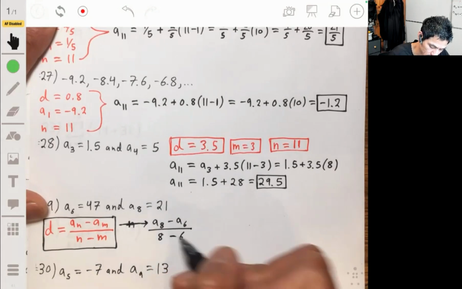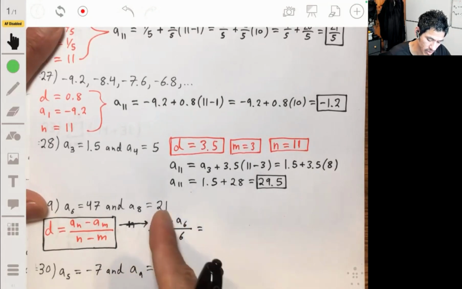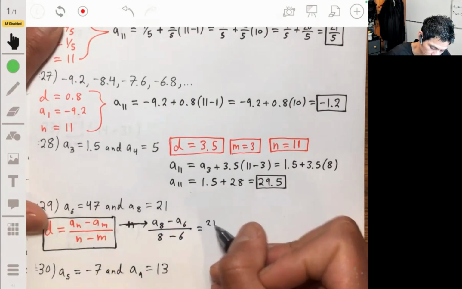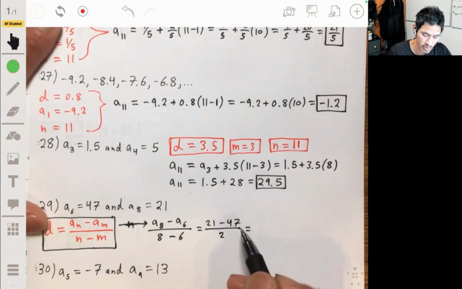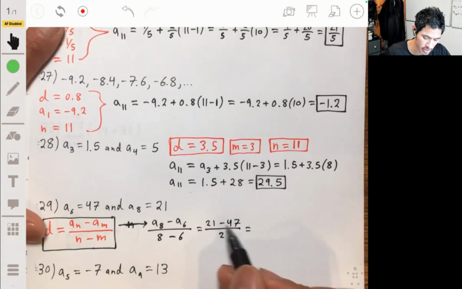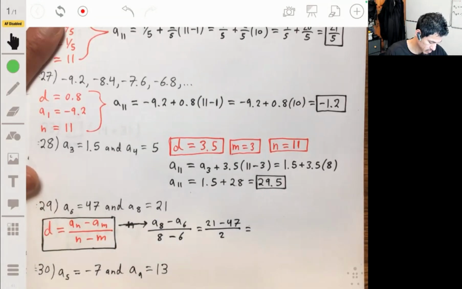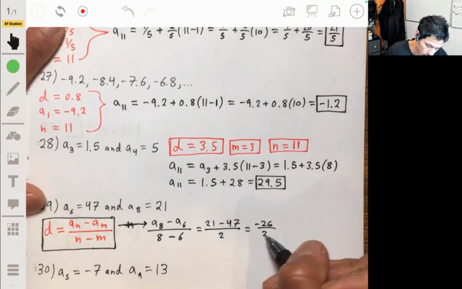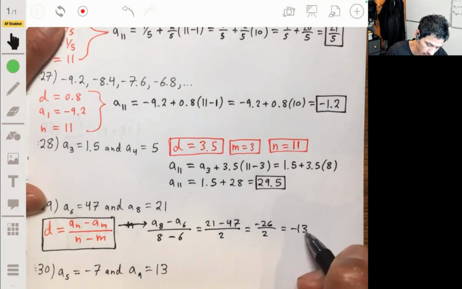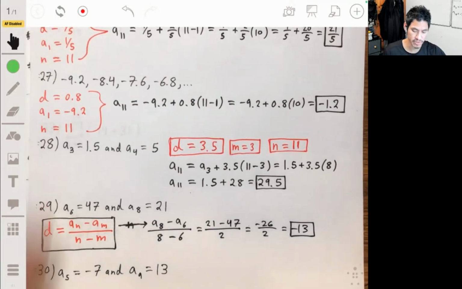So 21 minus 47 over 2, which is just negative 26 over 2, which is negative 13. So the common difference is negative 13.